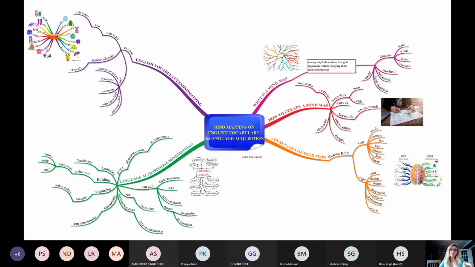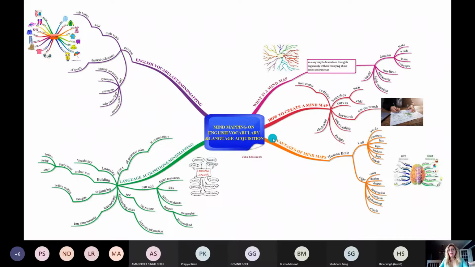Actually, what I should emphasize is a mind map actually imitates a brain cell. So the brain likes to see itself. That's why, if you take a closer look at the shape of a mind map, it resembles a brain cell.